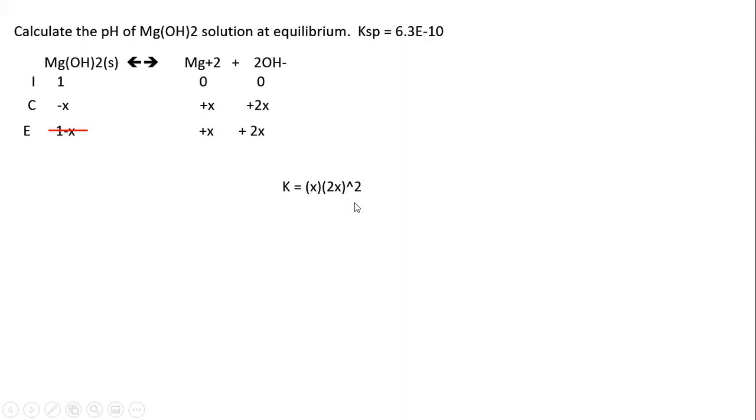We get this to be the K expression. And again, the reason we squared is because the Ksp expression is squared. So we square the 2x, we multiply it by x, it equals K. So we have 6.3 times 10 to the negative 10 equals 4x cubed. We get x equals 5.4 e to the negative 4.